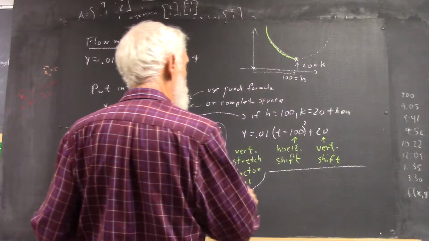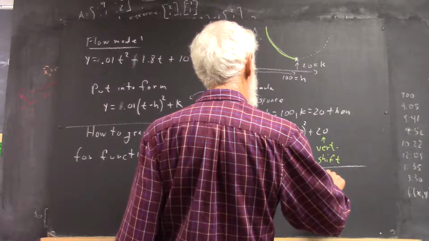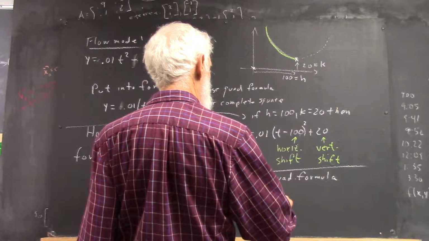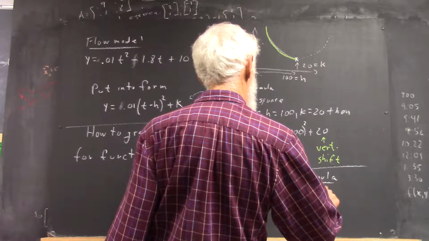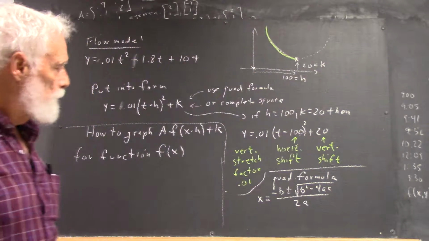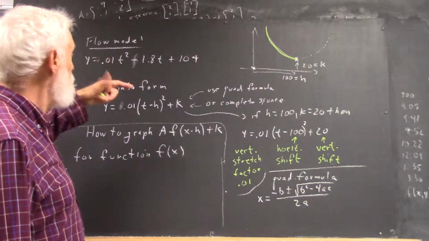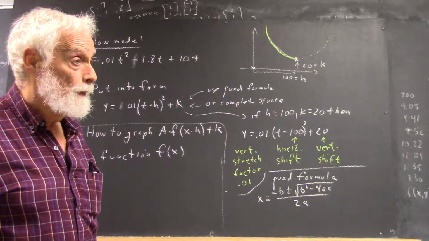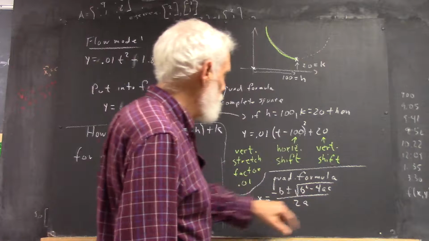Okay, so the quadratic formula. There's a full statement of the quadratic formula, which is that your quadratic function y equals at squared plus bt plus c is equal to 0 if t has one of these values.